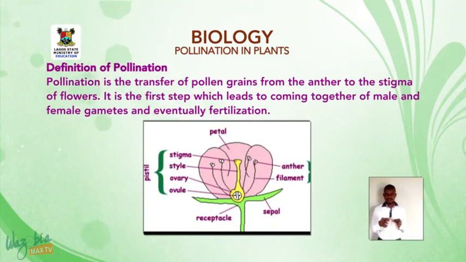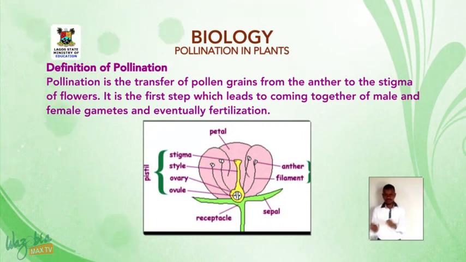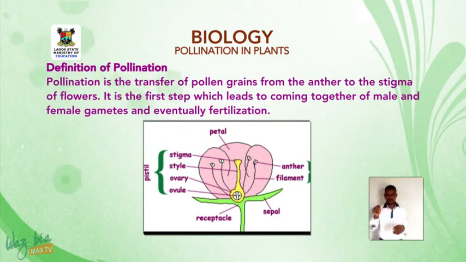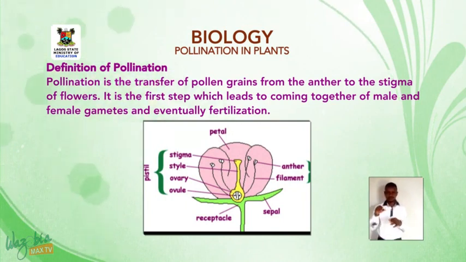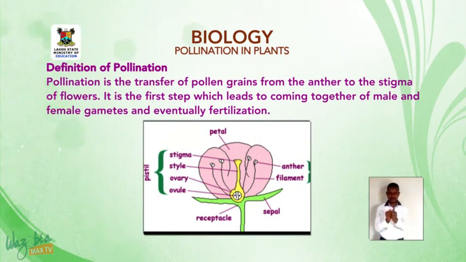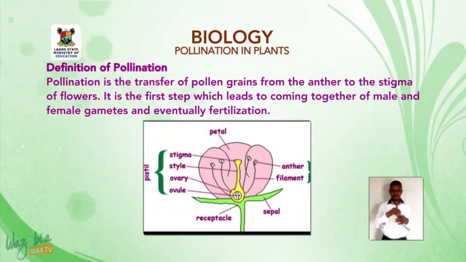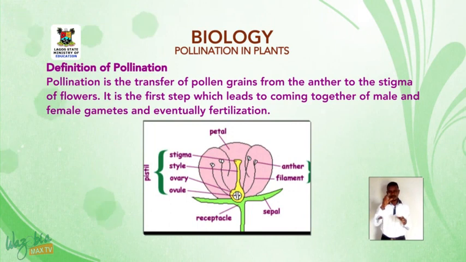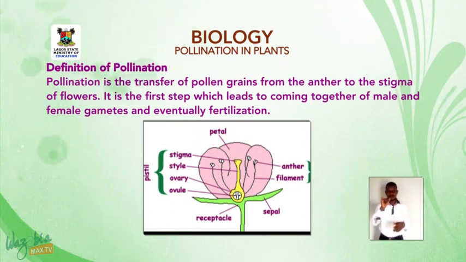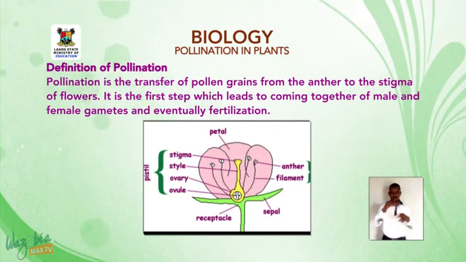Pollination is the transfer of pollen grains from the anther to the stigma of a flower. It is the first step which leads to the coming together of male and female gametes and eventually fertilization. Look at the picture, take note of the anther and the stigma. We will go on a short break now and we'll be back shortly.